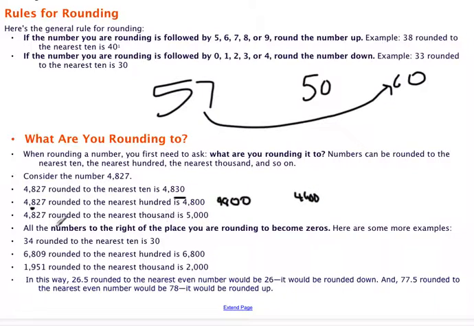And 27 sure is a lot closer to 800 than it is to 900. Again, the thousands, so I'm looking at this right here. The nearest thousand is 5,000, because 4,827 is a lot closer to 5,000 than it is to 4,000.